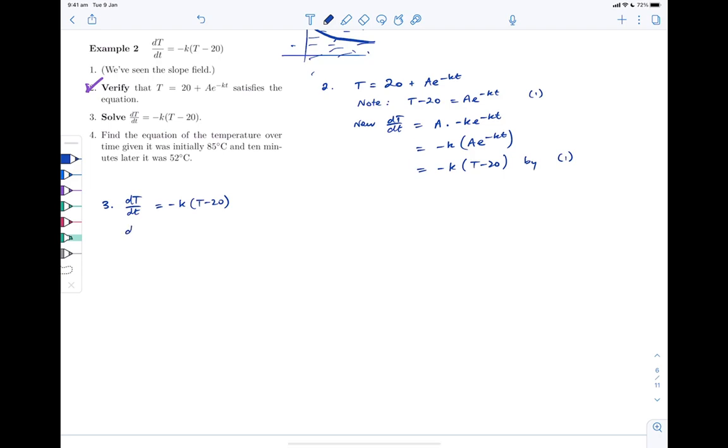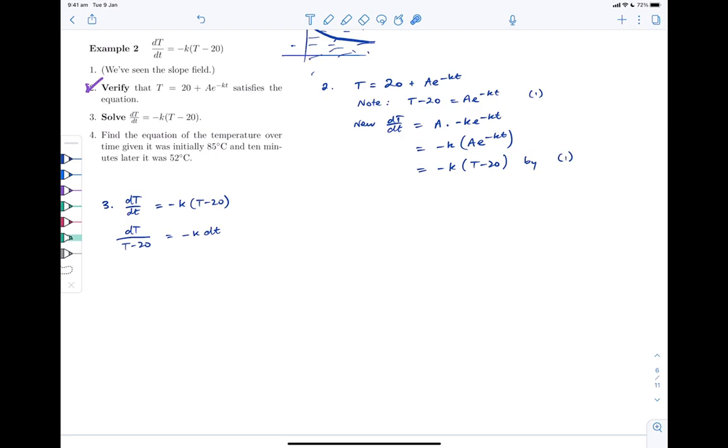So we'll get dT over T minus 20 equals negative k times little dt. Now, just want to demonstrate something here. I'm keeping the constant with the independent variable, and I did that in the last one as well. Okay, that's deliberate on my part.